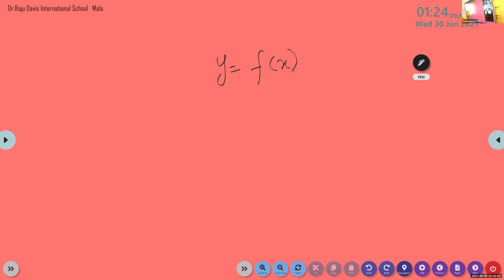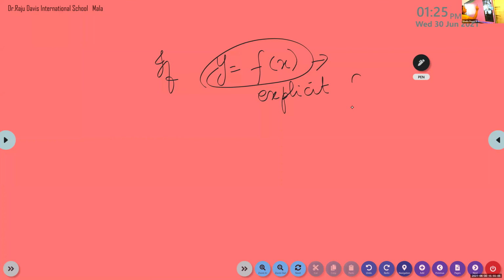If only x terms are there and we name it as y, so if the function is of the form y is equal to f of x, then we call this explicit form. We are naming it as y explicitly. For example, y is equal to sin x, y is equal to 3x square plus 1.